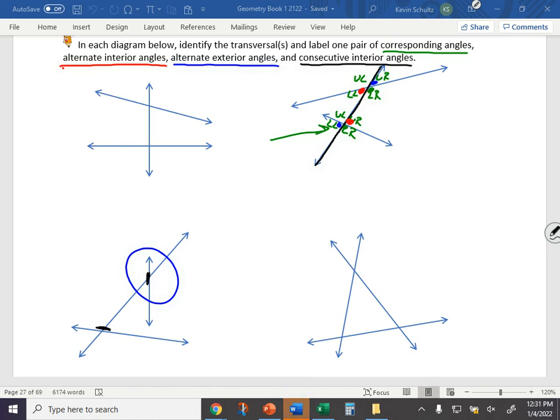And then the other two, these two angles here and these two angles here, are considered outside the lines, and you can look at left and right from that. So you kind of have to twist them or move them in your head to get those positions. But when you think about alternate interior, alternate exterior, make sure they're on the opposite sides of the transversal and outside of whatever lines the transversal connects.